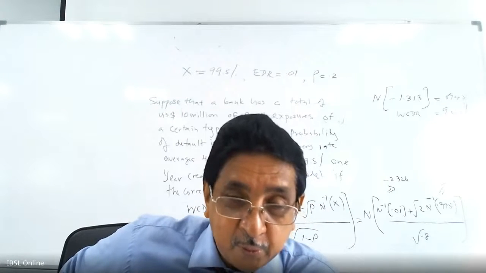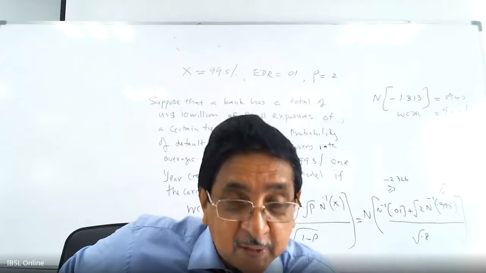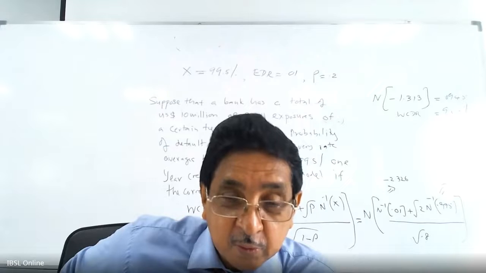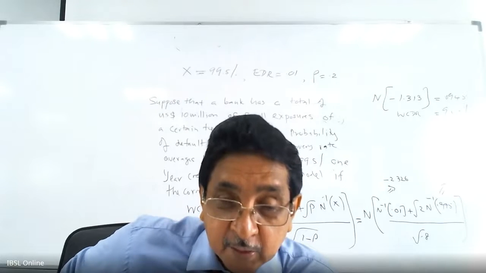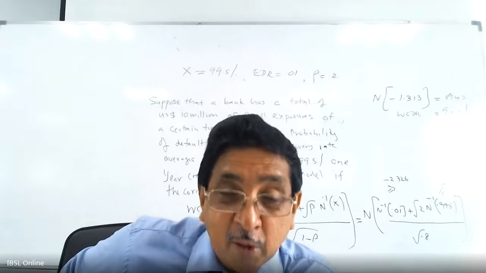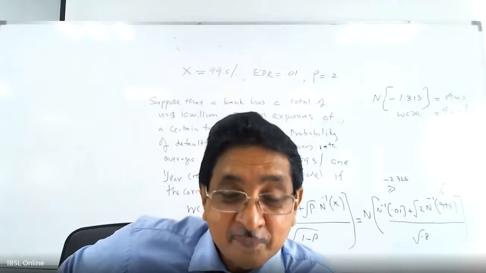No, what you normally do is, now the value at risk calculation is also something like this. Because you go for a particular level where you can say you are pretty sure that your loss would not go beyond this. That is what you say.